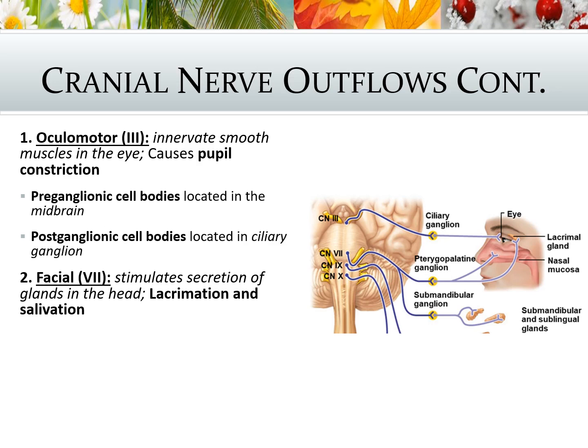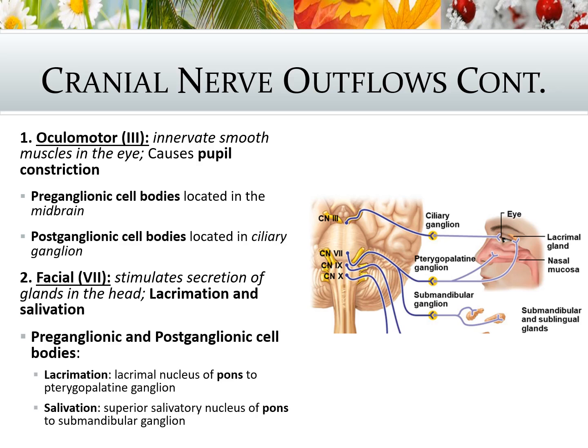And then our facial nerve, cranial nerve 7, even though we said that it's mostly motor to our facial muscles for facial expression, we do have some stimulation of glands in the head to secrete either our lacrimal glands, so tears, or our salivary glands for saliva.